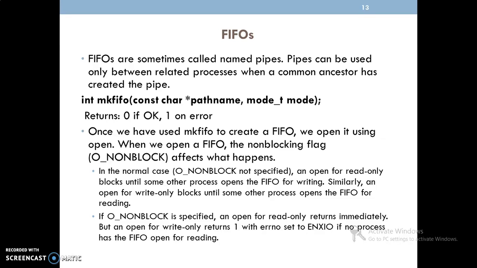Similarly, an open for write-only blocks until some other process opens it for reading, if the non-block flag is not specified. If the O_NONBLOCK flag is specified, then it returns immediately, but an open for write-only returns -1 with errno set to ENXIO if no process has the FIFO open for reading. So these are the two conditions.